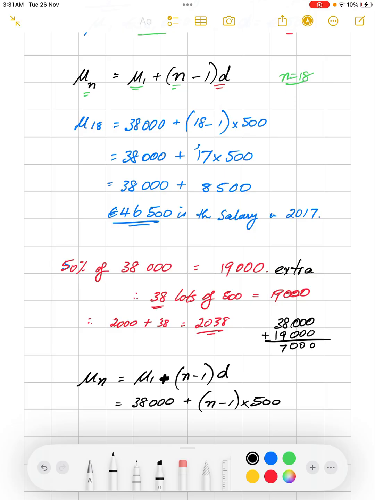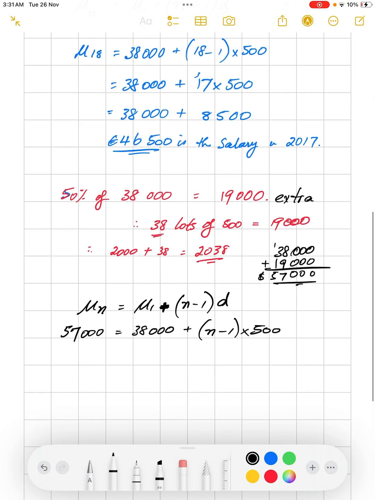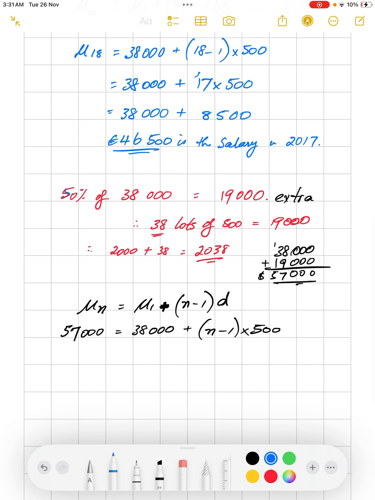So we're dealing with $57,000. So we want $57,000 to be our nth term. So we'll take that 38,000 across to be subtracted. So it's 57,000 minus 38,000 equals n minus 1 times 500. And that gives us 19,000. Take the 500 across to be divided.